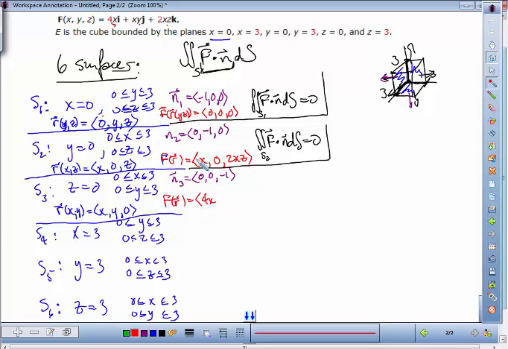Oh, this should have been 4 over here also. Anyways, that's 0 anyways. The x, y, and then z is equal to 0, so that just gets knocked out. And again, when we do the dot product, before we even set up the integral, we dot these two things and we get 0, so another 0 contribution.